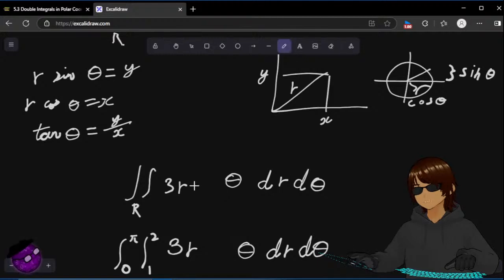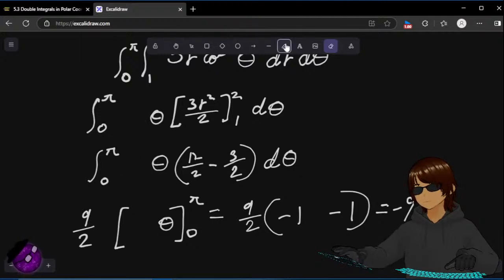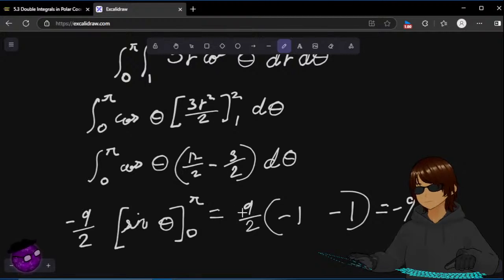But why the r at the end? Cos, and then minus, I will take it outside, minus sine.